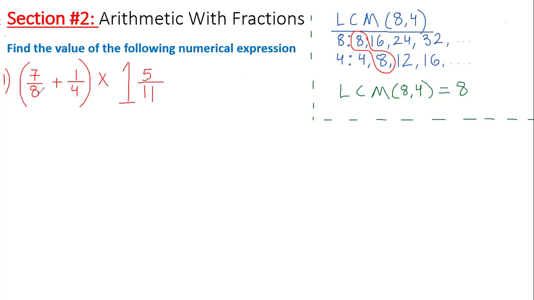What times 8 gives me 8? That's 8 times 1. 8 times 1 gives me 8. Very good. And whatever we do to the bottom, we must do to the top as well. What times 4 gives me 8? 2. Very good. So multiply this by 2 as well.